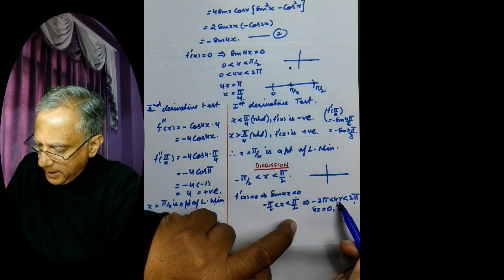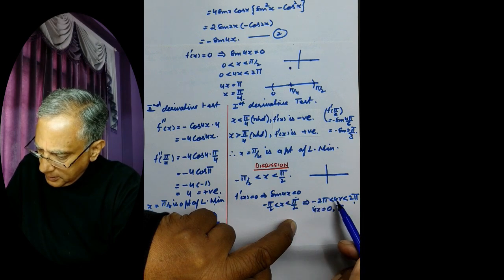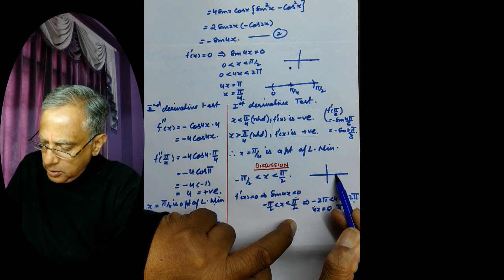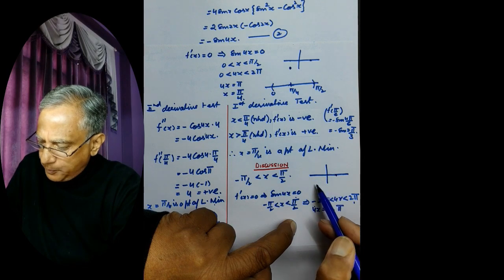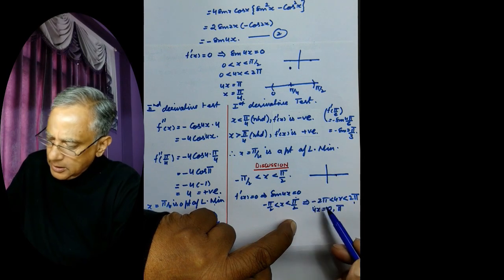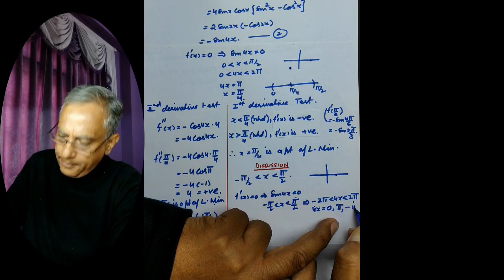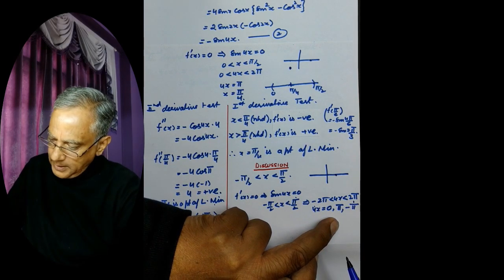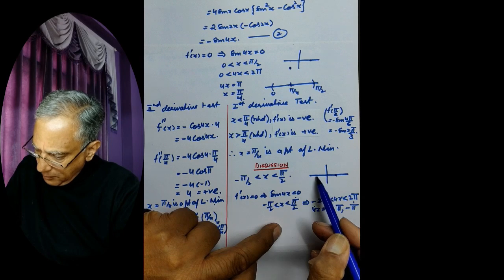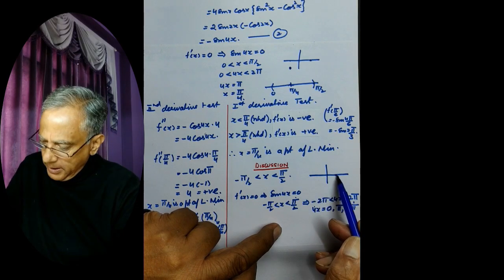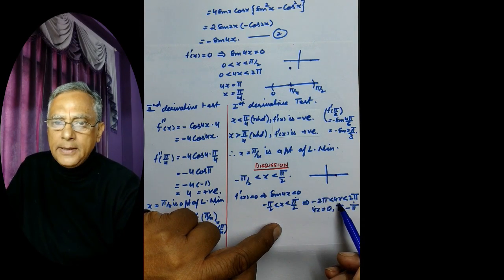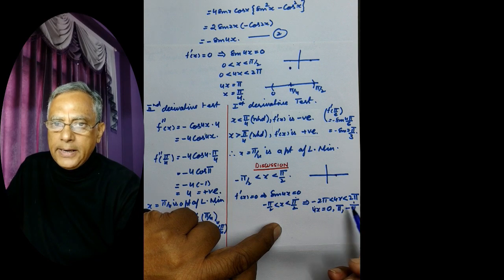In 0 to minus 2 pi, we have already taken this value. Next value will be minus pi. Minus pi lies in this, so we will take this value, minus pi. And next will be minus 2 pi, but minus 2 pi does not belong to this interval, so this will not be taken.